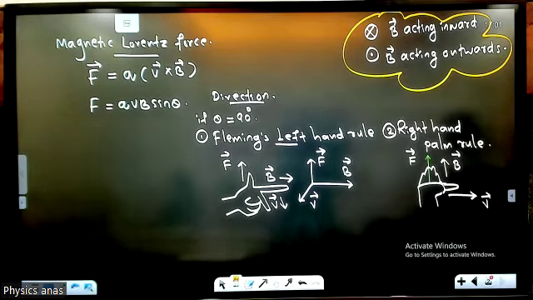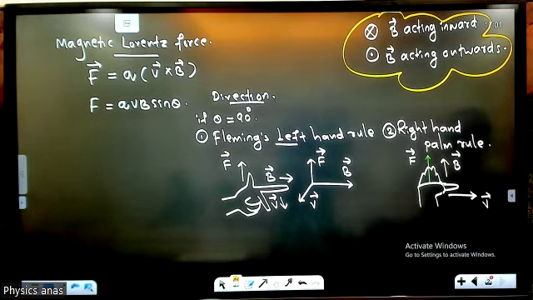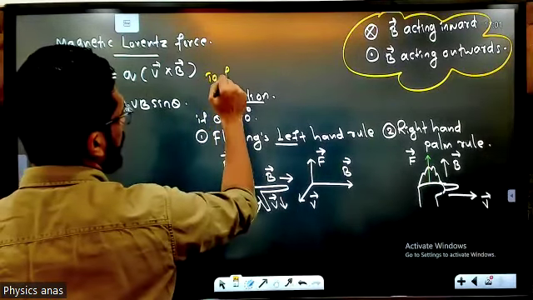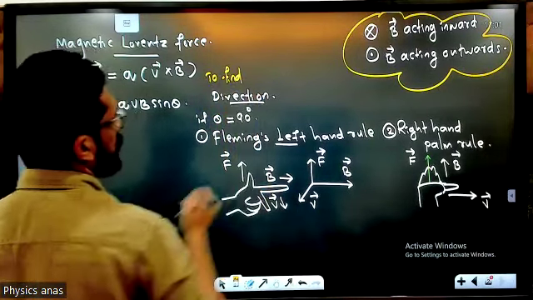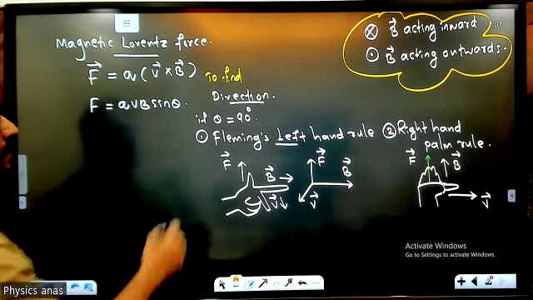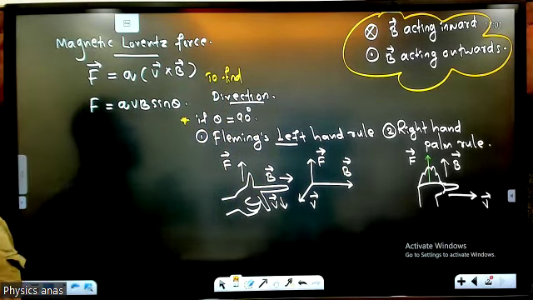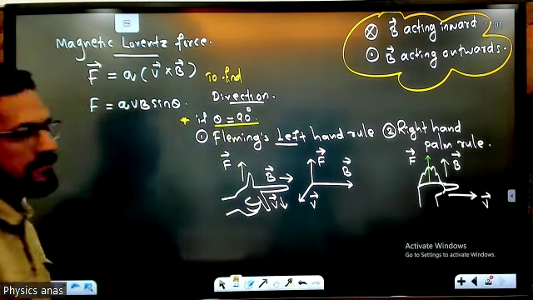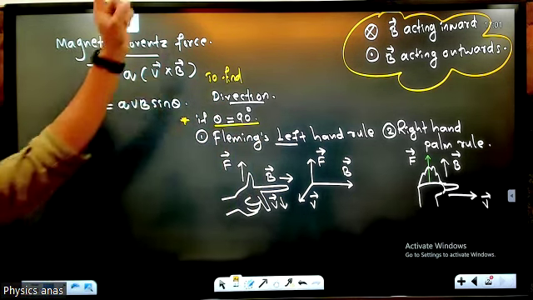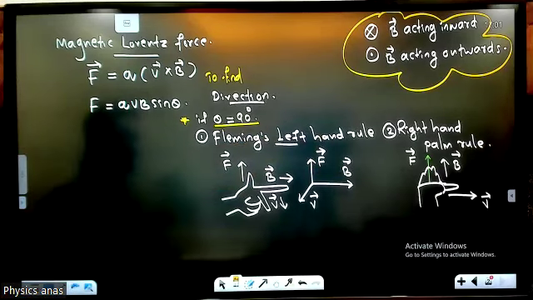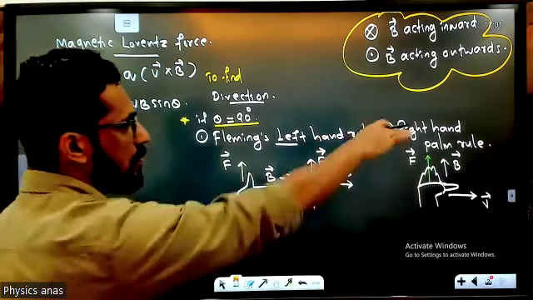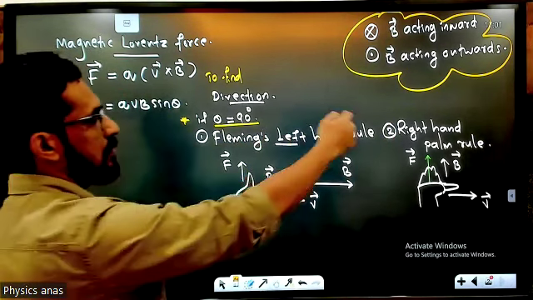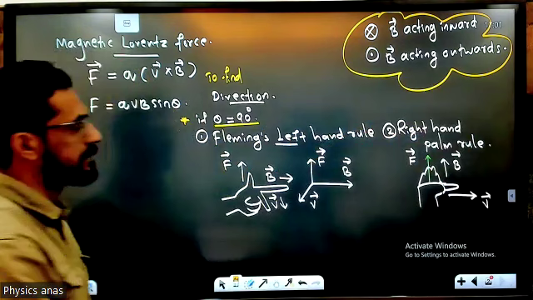To find direction, if theta is equal to 90 degree, you can use Fleming's left hand rule or right hand palm rule.